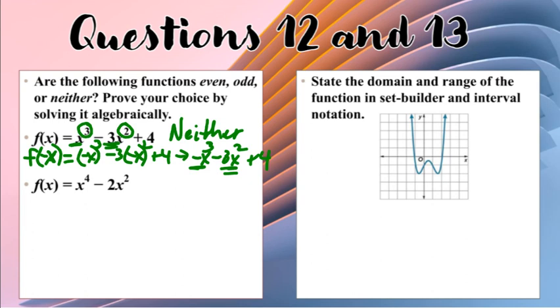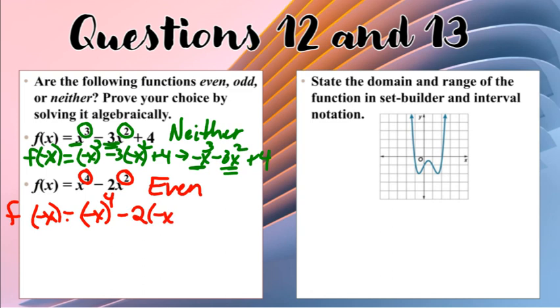The second one, this is even, so I would say this would be an even function. And to prove it, if f of negative x should be negative x to the fourth minus 2 times negative x to the second. For this to be truly even, I have to have the exact same as what I started with.